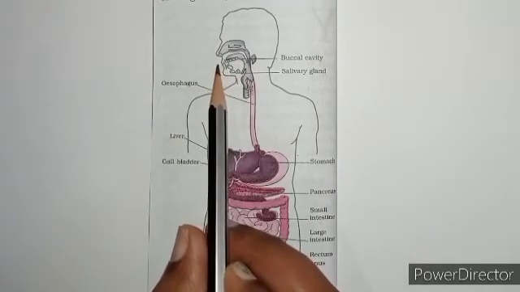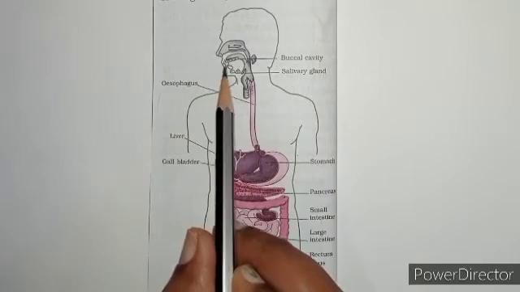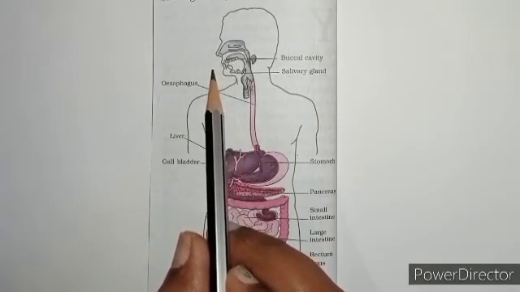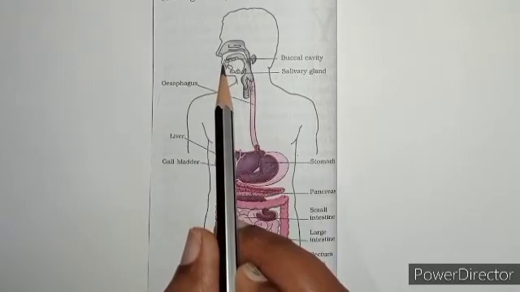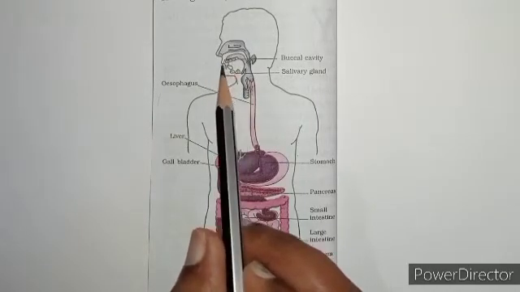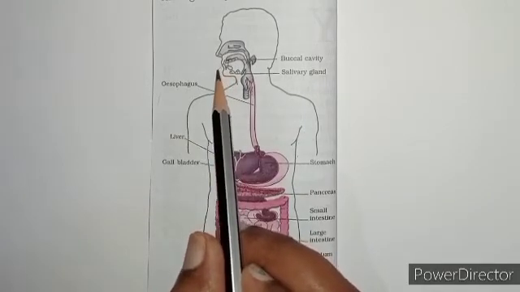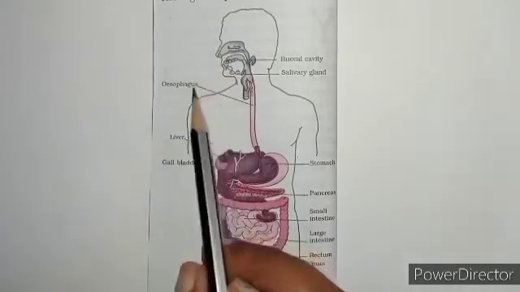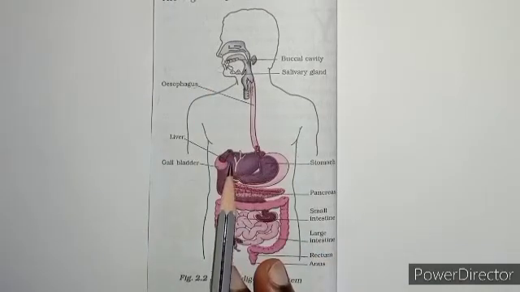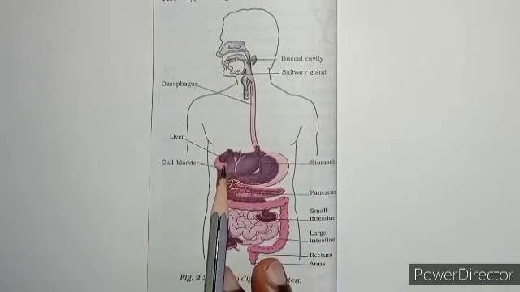The food is taken into the body through the mouth. The process of taking food inside the body is called ingestion. We chew the food with the teeth and break it down mechanically into small pieces.